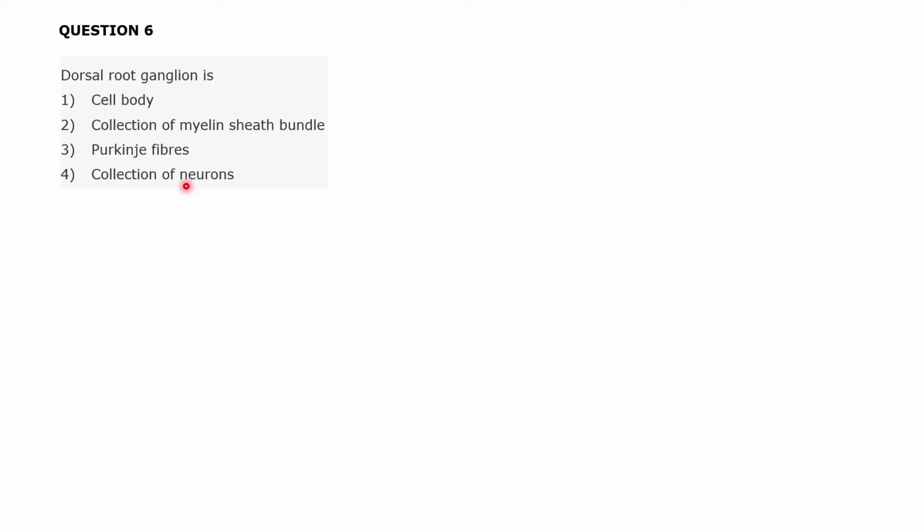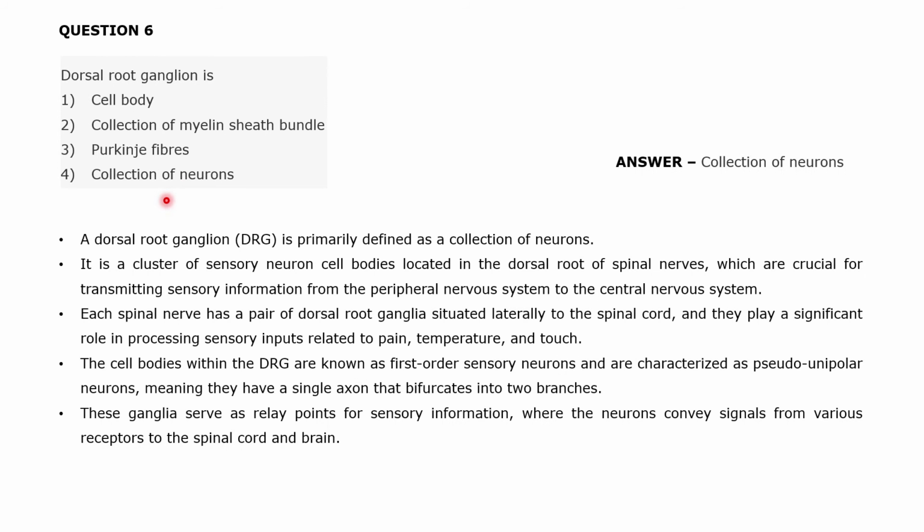Okay, so I will just give you the answer. The answer to this question is collection of neurons. If you look into the dorsal root ganglion, or DRG, basically it is a collection of neurons.